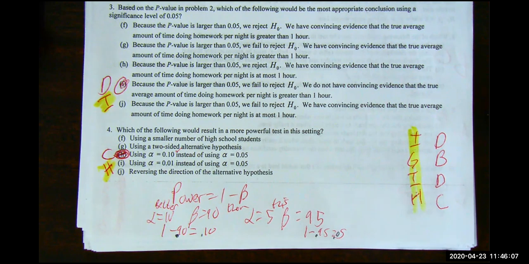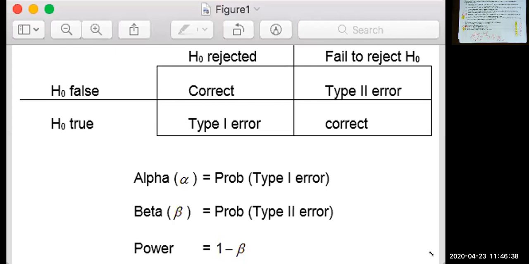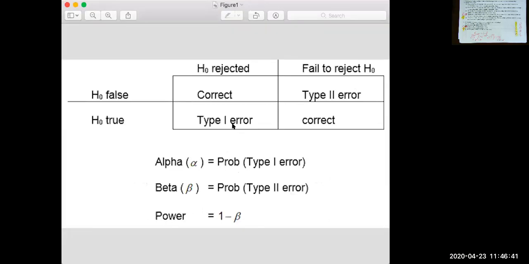Okay, let's look at a few graphics discussing beta in more detail. Initially, the probability of a type 1 error is alpha.